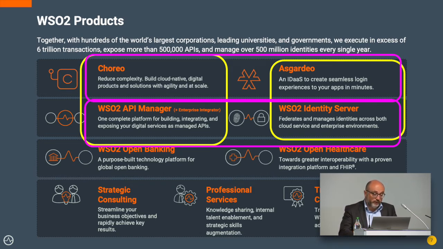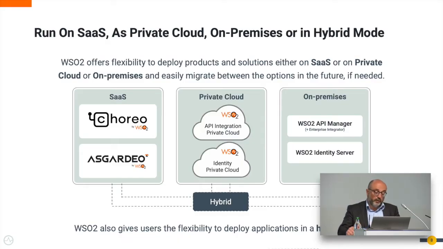This is our offer. And an important aspect of our offer is what we call flexibility in the deployment. This is a matter I insisted on a lot, and I will return to this part later in this slide. And really, I think it's a differentiator between us and our competitors. So the possibility to have your identity management or API management where you prefer.